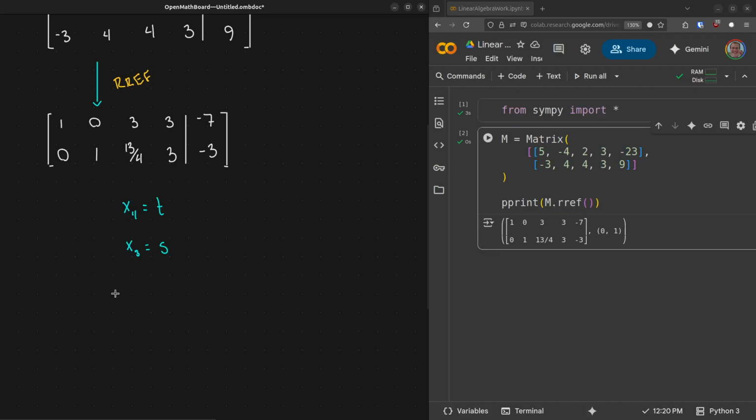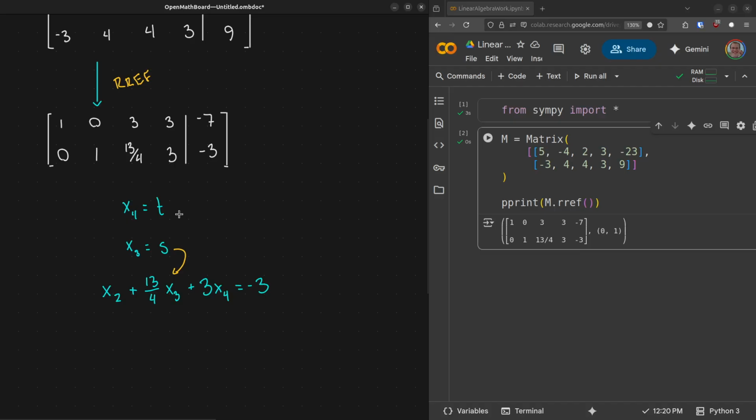Okay. Let's go x2 now. Let's use row 2 to find x2. So if I look at row 2, that's 0x1 plus 1x2 plus 13 fourths x3 plus 3x4 equals -3.